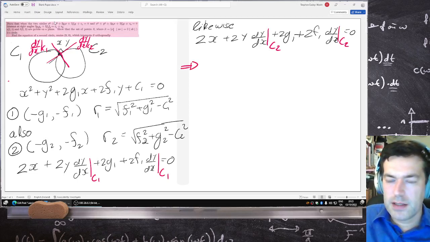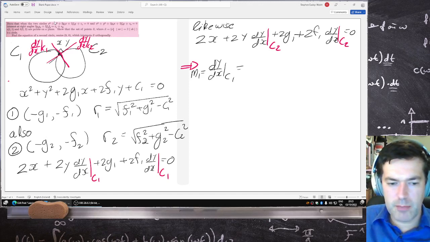So by rearranging those equations, we can get our two slopes. The slope of the first one, if you prefer, you can call it m1, equals dy/dx c1. Actually I can get rid of all these 2's here, can't I? So it'll be minus (x plus g1) over (y plus f1).